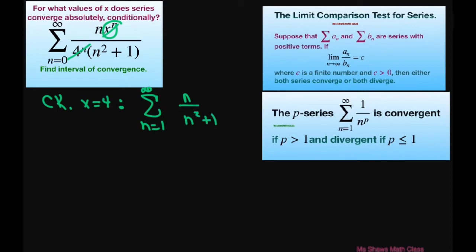Now if we let this be a sub n and let b sub n equal 1 divided by n, we know that 1 divided by n is divergent.